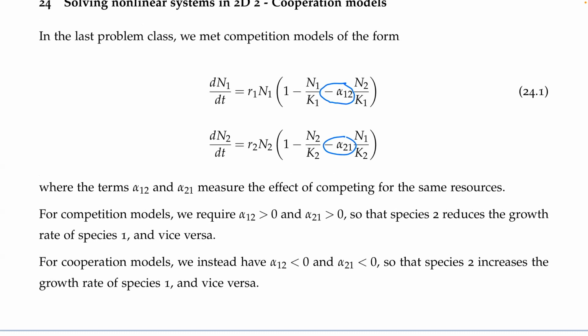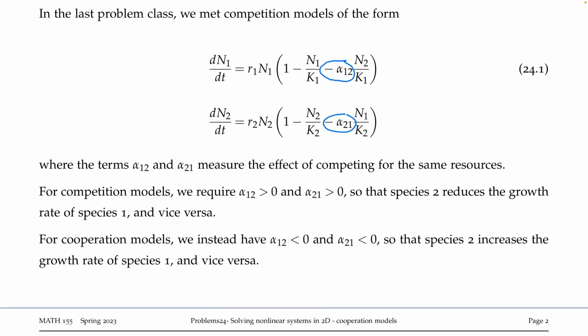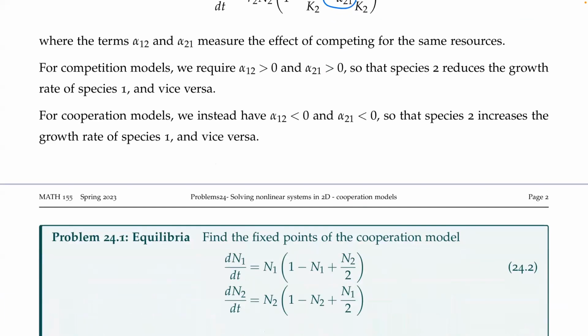And so we had a look at the different types of orientations of phase planes that we could get and what that would mean for the stability of this system. So could these species coexist or not? When could they coexist or not, depending on these values here, as well as their carrying capacities. So that was a model where we had negative interactions.